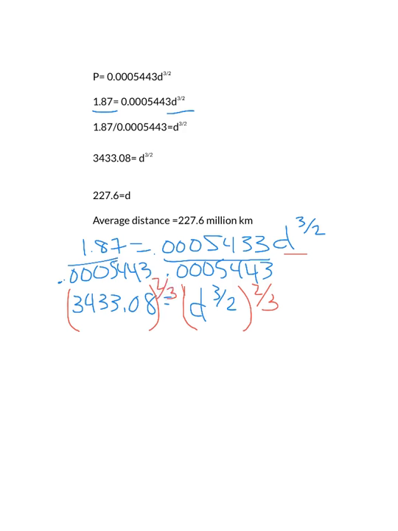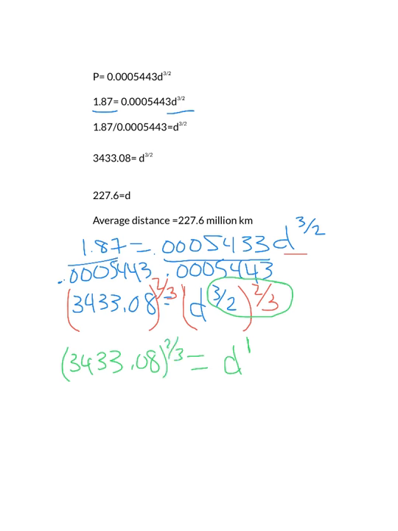You can see that these exponents here, 3 over 2 times 2 over 3, is going to give me d to the power of 1. And this side is going to be 3433.08 to the power of 2 over 3.